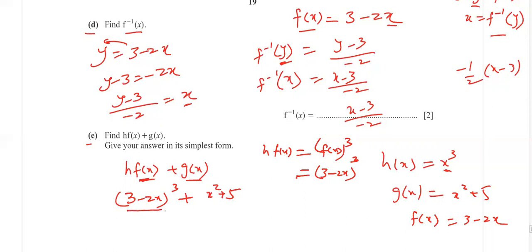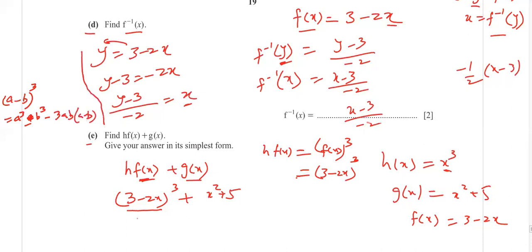For that I will go to the cube formula. If you remember, well, if you don't remember, this is the formula for a minus b whole cube. That is a cube minus b cube minus 3ab into a minus b.